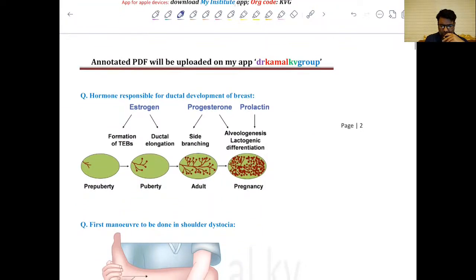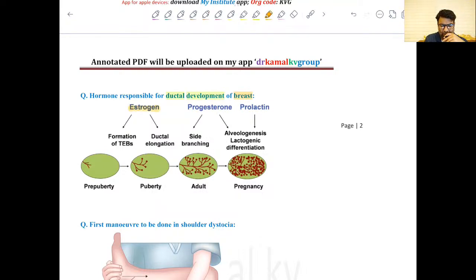Now then, there was one question about the hormone which is responsible for ductal development of the breast. Ductal development of the breast, especially in a non-pregnant lady, is because of estrogen, right?